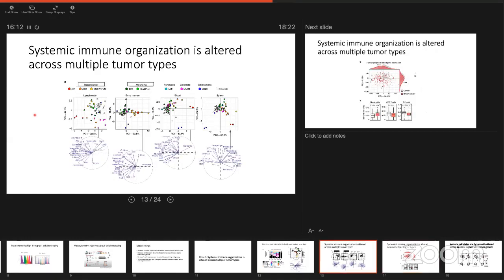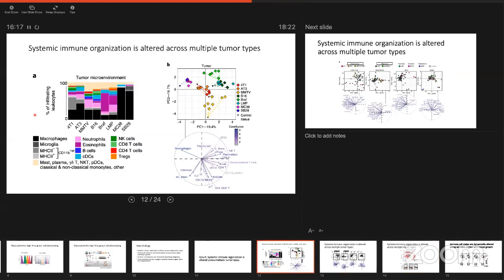So in figure 1, Carlos didn't show it, but you also did some analysis looking at the spleen and the infiltrate, and you found that the myeloid compartment is somehow enriched, but this is not happening in melanoma. So my question is, I don't know if anyone has done this, but in some of these tumor models, you inject the tumor cell line and after some days you get the tumor.